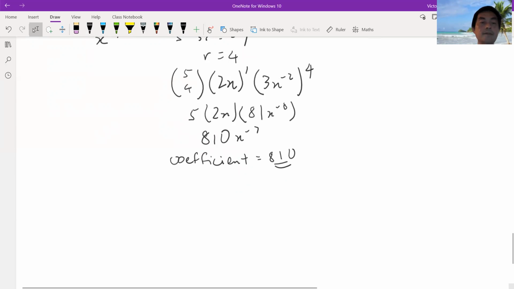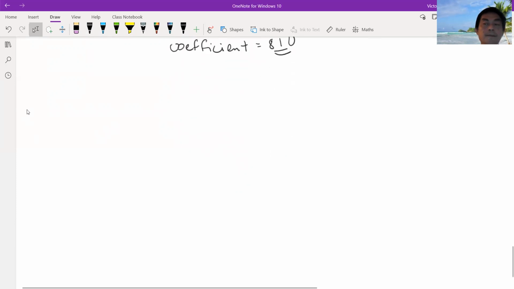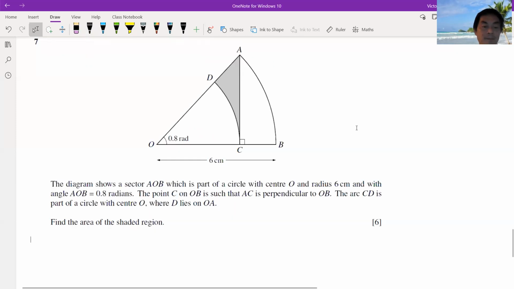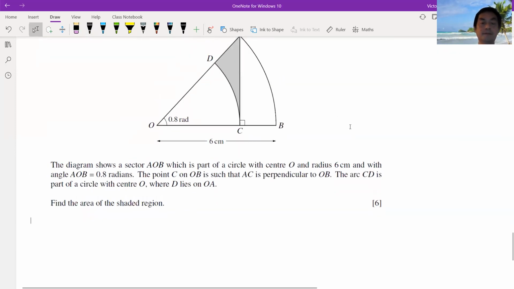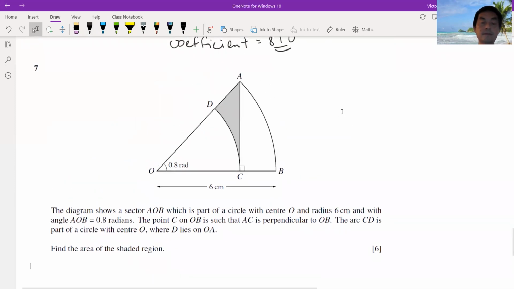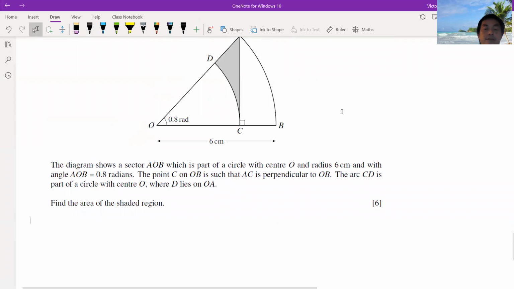Okay, let's go to the next question. The next question is a question on circular measure. So let's look at the question. You have to find the area of the shaded region.